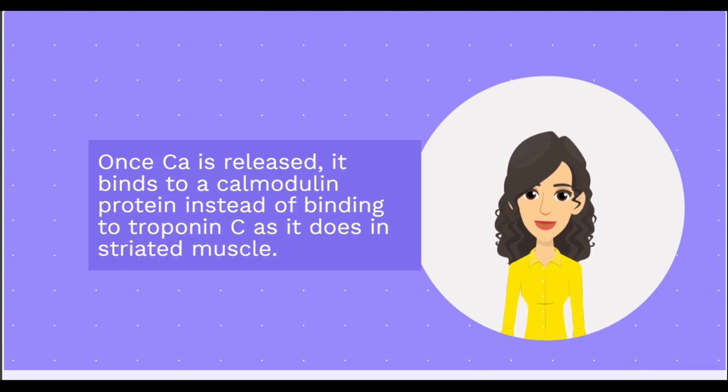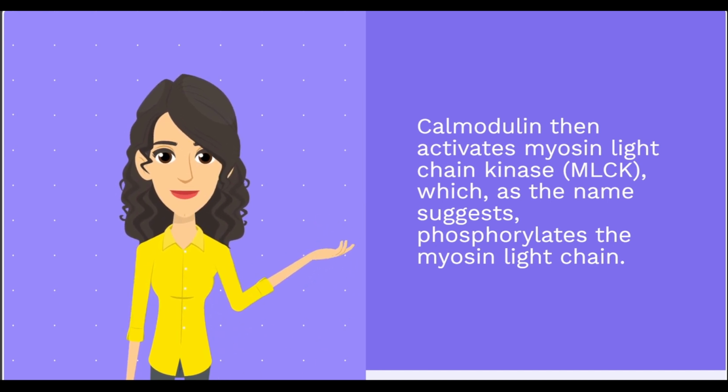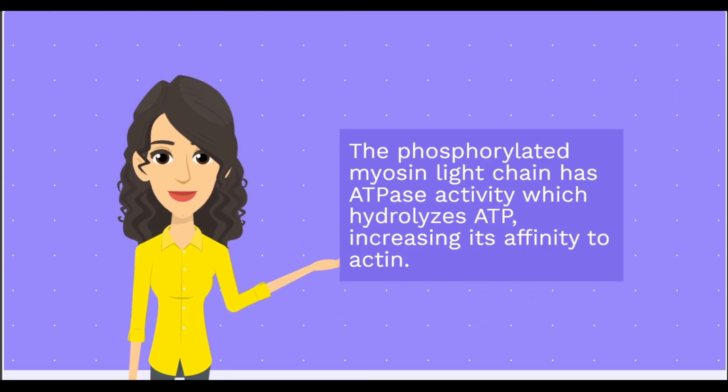Once Ca is released, it binds to a calmodulin protein instead of binding to troponin C as it does in striated muscle. Calmodulin then activates myosin light chain kinase, MLCK, which, as the name suggests, phosphorylates the myosin light chain. The phosphorylated myosin light chain has ATPase activity which hydrolyzes ATP, increasing its affinity to actin.